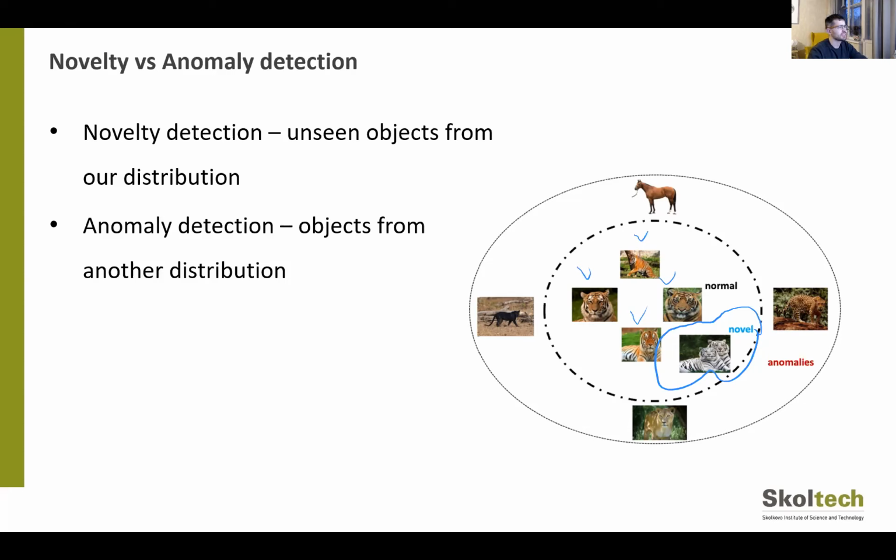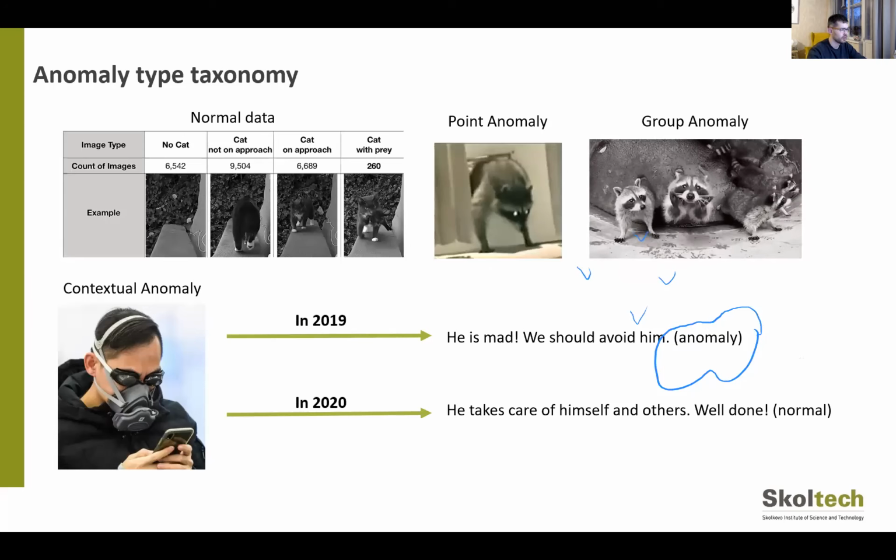I think there is a terminological difference between these two approaches, and most anomaly detection methods are as well novelty detection methods. It's more about the business problem statement, not a mathematical problem statement, but it's often useful to understand that there can be some difference.